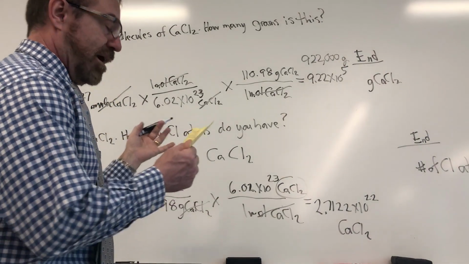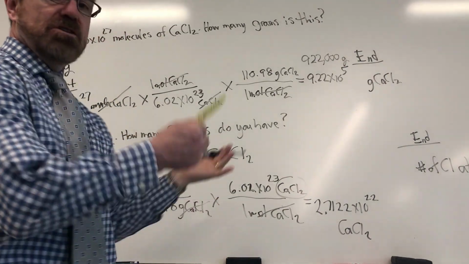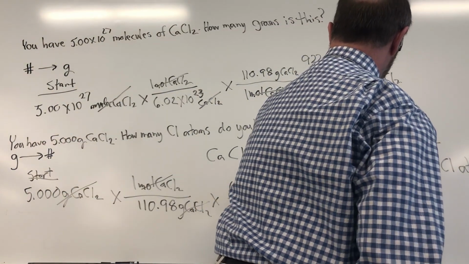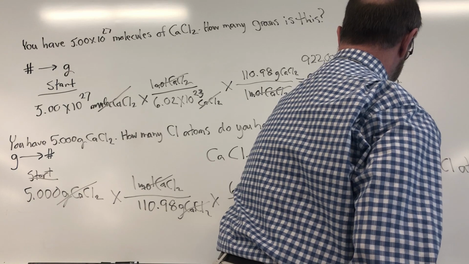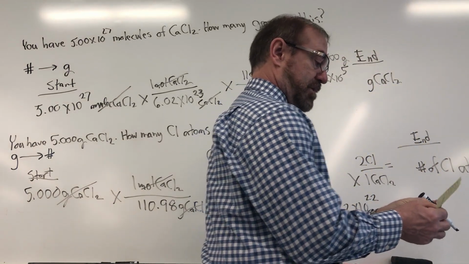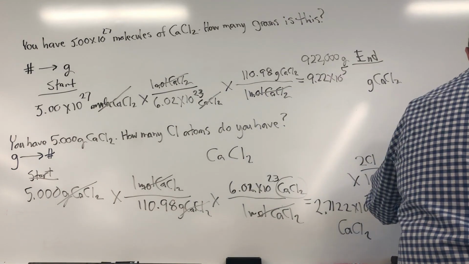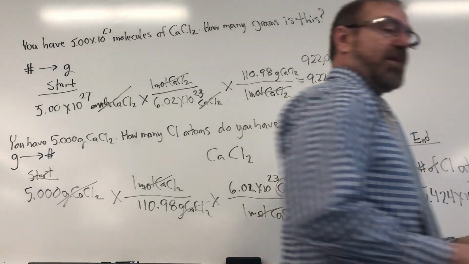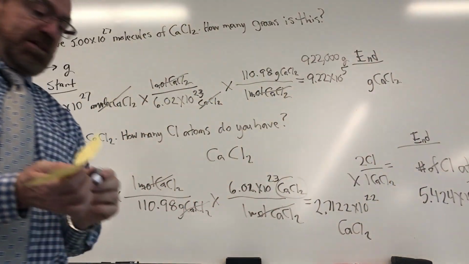Then you can go from compounds, calcium chlorides, to number of chlorides. So you just multiply by 2 chlorides per 1 compound. Finally you get the number of atoms, which is 5.424 times 10 to the 22nd atoms of chlorine. And that's basically how you solve them.